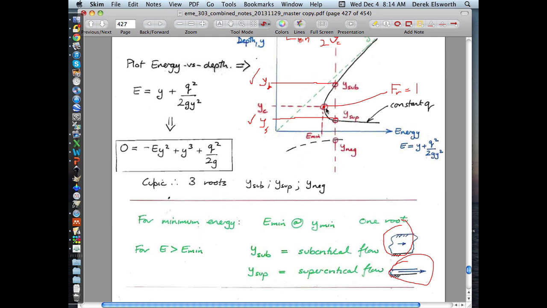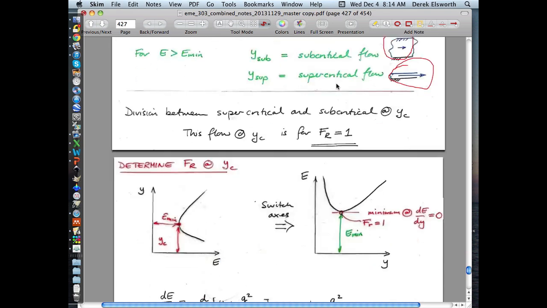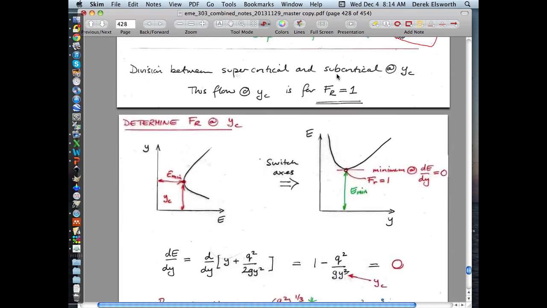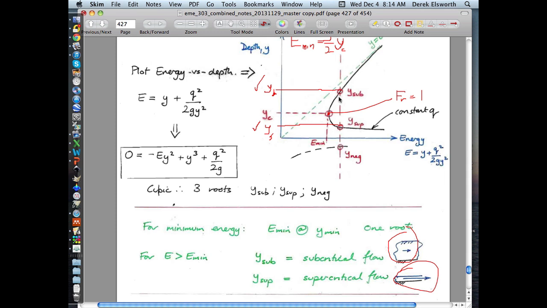We know the ordinates of this nose where the minimum energy is present. We also know, if we have a given amount of energy upstream and downstream, what the depths would be at those 2 locations. They could be upstream and downstream, or downstream and upstream. But that's the basic idea. We did some math to be able to do that. And the other thing we would note is that the Froude number for this would be greater than 1.